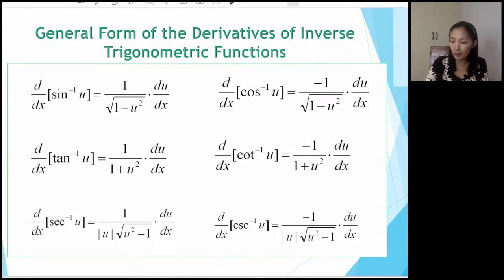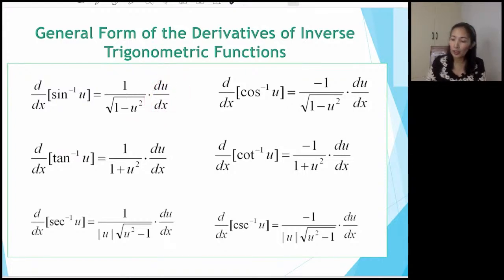If the argument is no longer x, but a function which is still differentiable, represented by u, then the derivative of arc sine of u will be 1 over the square root of 1 minus u squared times, remember that I said a while ago that u is still differentiable, we have to get the derivative of u with respect to x.